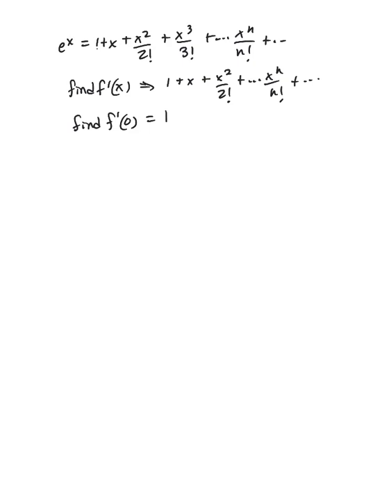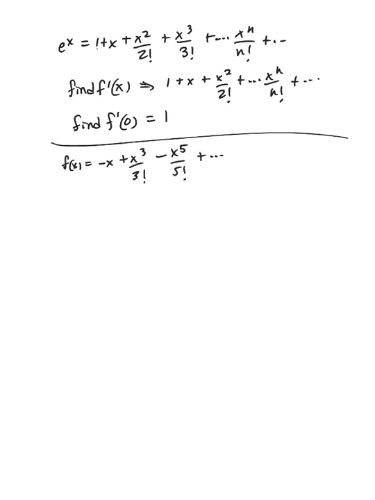Okay, let's take a look at integrating. So we just got the derivative of a series. Okay, let's say we have f of x equals negative x plus x cubed over 3 factorial minus x to the 5th over 5 factorial plus negative 1 to the n plus 1, x to the 2n plus 1 over 2n plus 1 factorial. Okay, number 1, do you recognize what this is? All right, it's negative sine x.